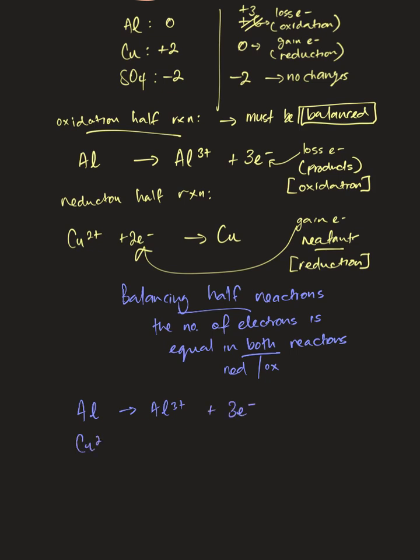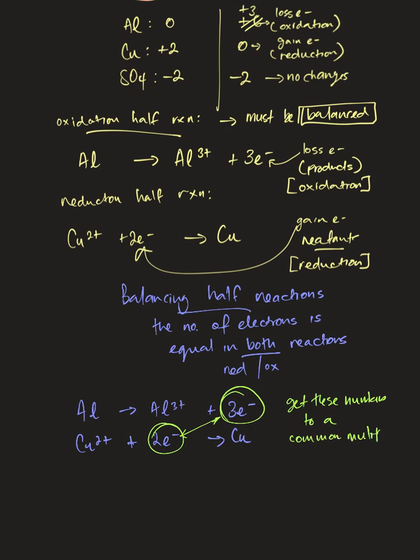And I've got Cu2 plus, plus 2 electrons, giving me Cu. The problem I said to you was that these 2 numbers were not the same. So what I've got to do now is I need to get these numbers to a common multiple. All right, I need to find the lowest common multiple. So the common multiple is 6.